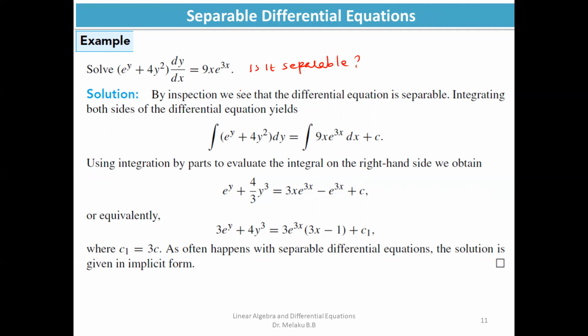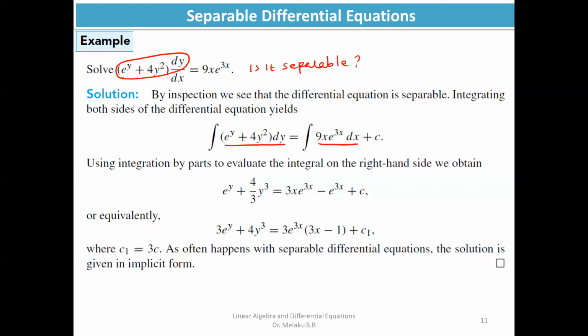We can keep this on one side, and upon multiplying by dx, the 9x e raised to x will be on the other side. So it is separable like this. Yes, this is separable.